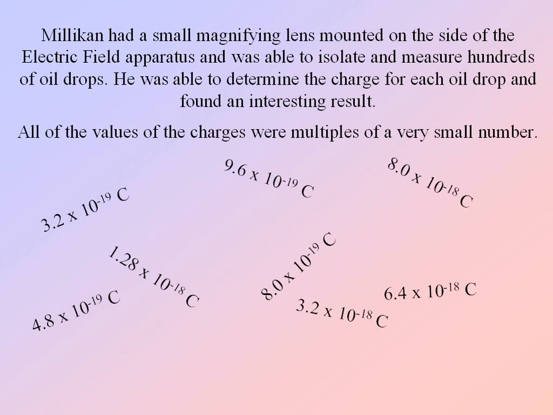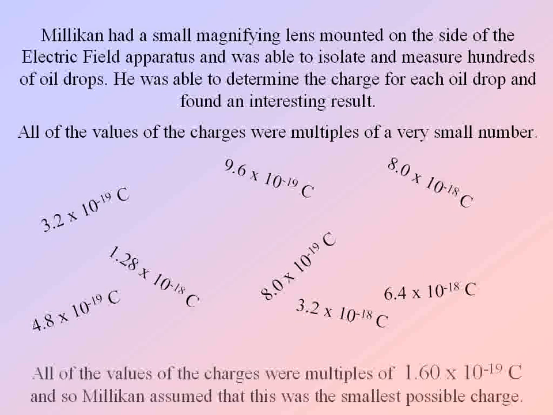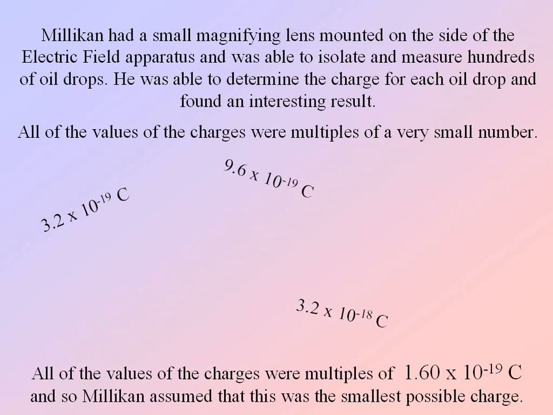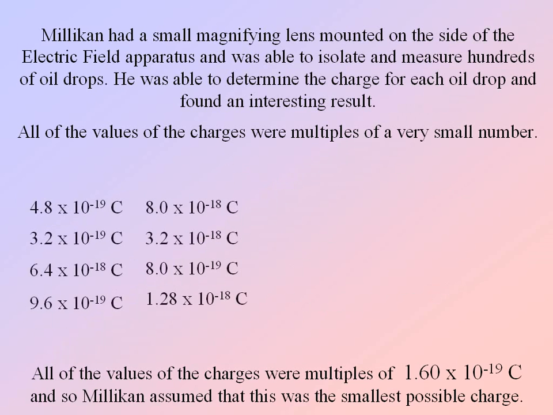Each of these values, it appears, were multiples of 1.60 times 10 to the minus 19 coulombs. So Millikan assumed that this was the smallest possible charge. Each of the many, many values that he found appeared to be multiples of this number.